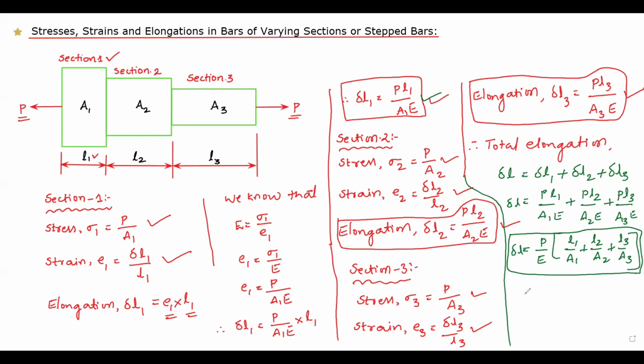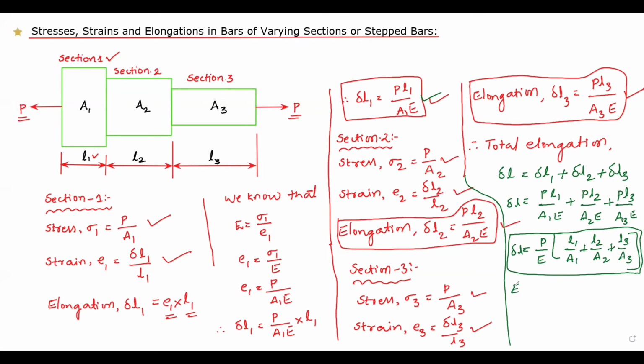Understand? Similarly, for example, sometimes section 1 is made of aluminum, section 2 is copper, and section 3 is brass. So when we have different materials, the Young's modulus will change.